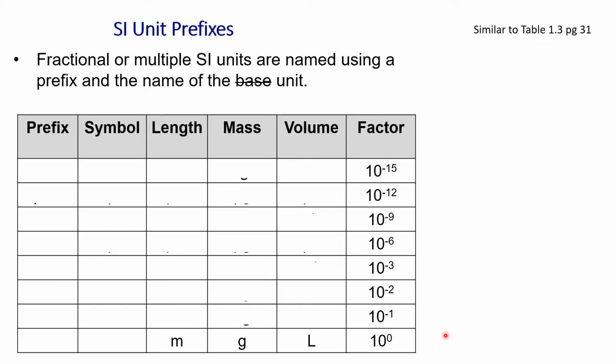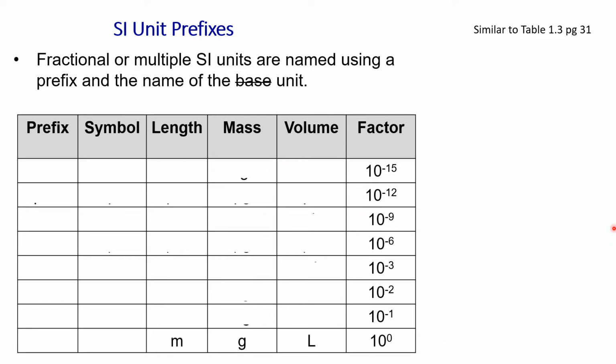Instead of all the time saying, if I'm in Europe and I'm cutting those boards, and I keep saying, oh, go cut the board to 32 times 10 to the -2 meters, it actually is easier to say 32 centimeters. Same idea here.